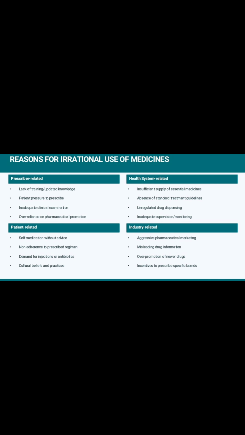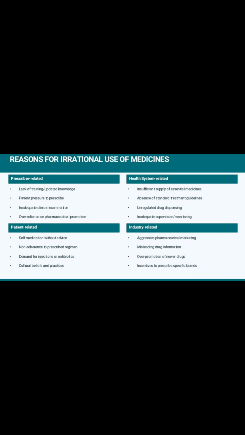Next point in this is, what are the reasons for irrational use of medicines? There are basically two types of reasons. One is prescriber related, second is from the patient side. First is prescriber related, that is the prescriber doesn't have any training.